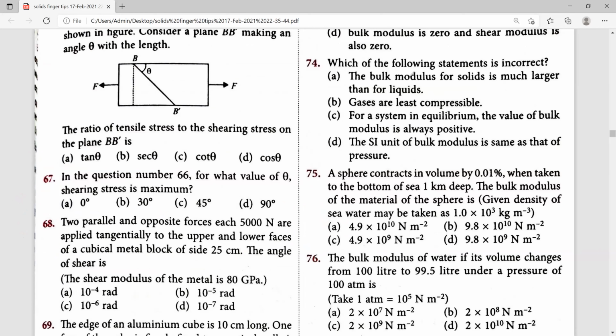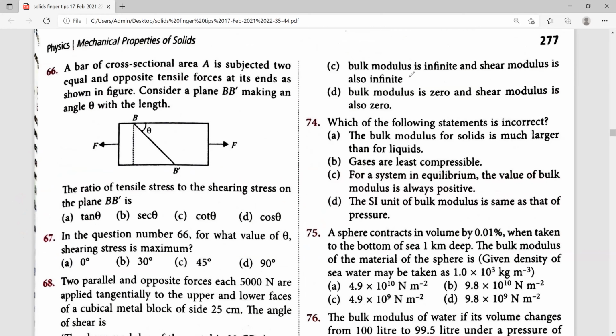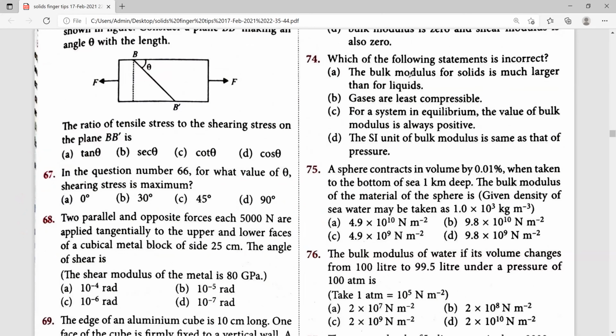Next, the remaining 2 options are given like this. 74th one, which of the following statements is incorrect? 4 options are given. Among the 4 options, solids are least compressible, whereas gases are most compressible. That we already know. Gases are about 1,000,000 times more compressible than solids.